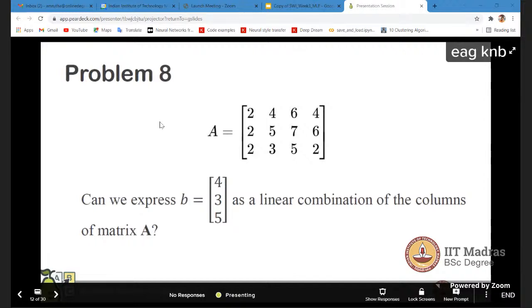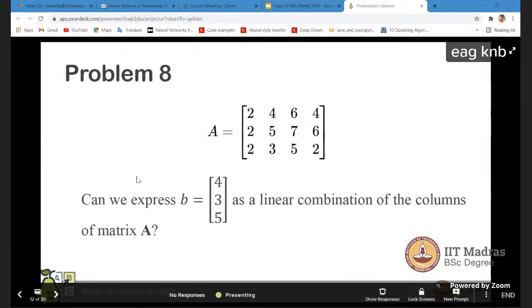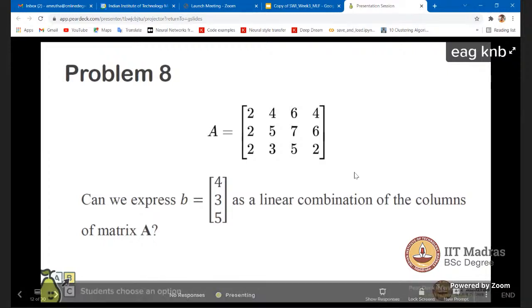For both questions, I will ask you how you got the answer, based on your answers. I'll give 5 minutes. You can work it out.